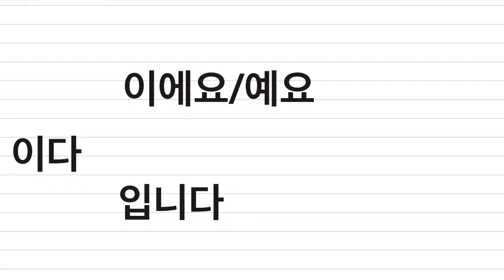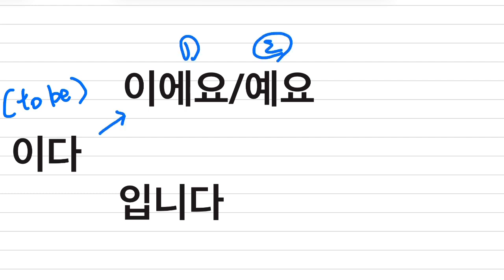So 이다 is like, we learned, to be, like A is B, B is A. We use 이다 as a verb to be. It becomes 이에요, 예요 and 입니다. It is conjugated 이에요, 예요, 입니다.